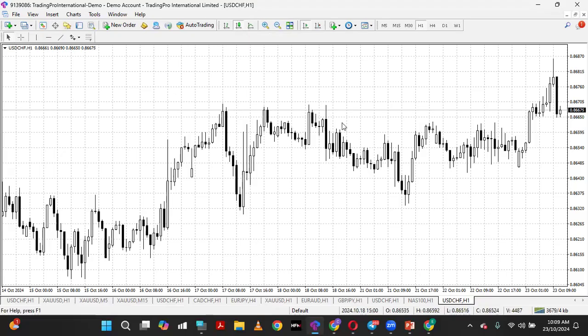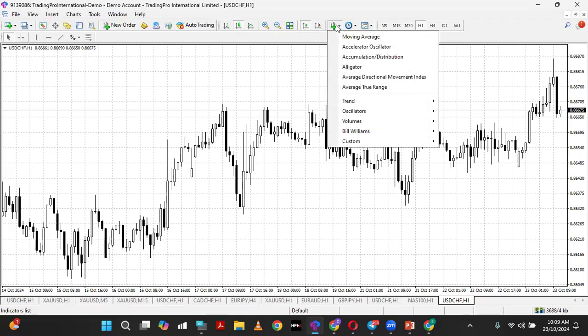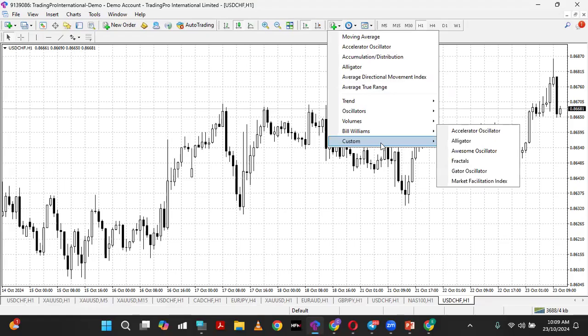Now if you want to add your indicators, any indicators you like, you go to this place, the indicator list. You tap on it, this will come down. If you have a custom indicator installed and you want to go straight to it, you go to custom.